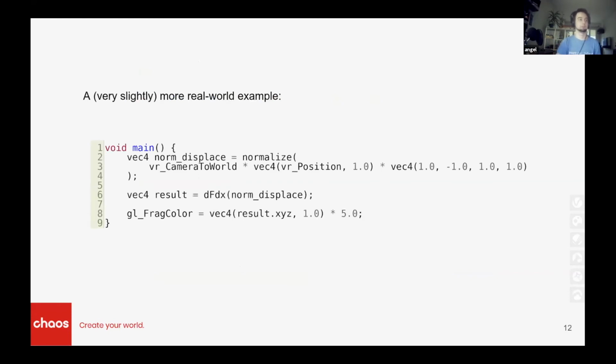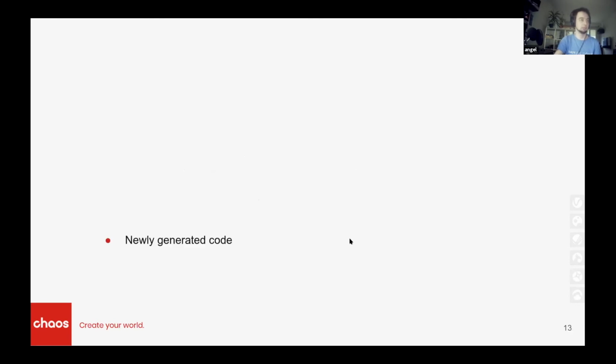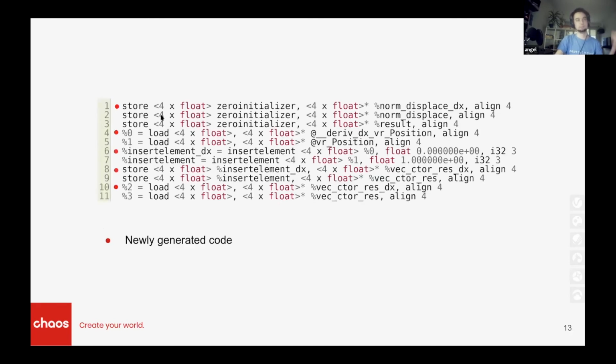So here is a more real-world example which calculates some sort of displacement by using a matrix which transforms camera coordinates to world coordinates and then does some arithmetic. And this results in the following LLVM bytecode, and the lines which have a red dot are newly generated by the pass which adds derivatives.